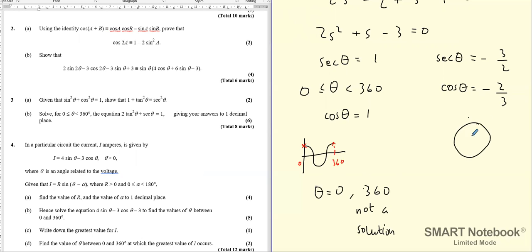And then I like using the cast diagram. So I'm going to go from 0 to 90, 90 to 180, and back to 360. Now, looking at this, cos theta equals minus 2/3. So that tells me that cos is negative.